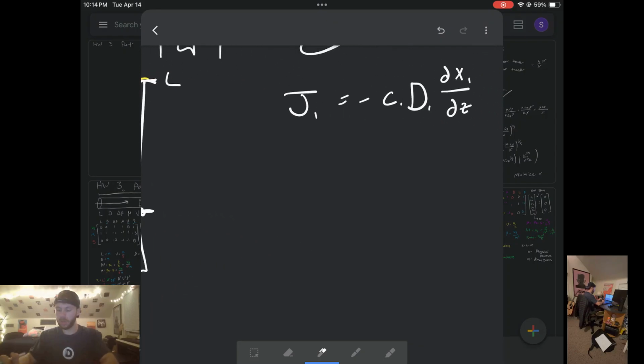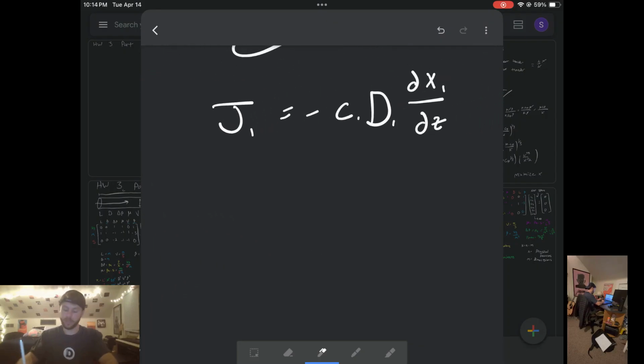So this concentration, we know concentration is moles over liters, which can be written as N over V for volume.